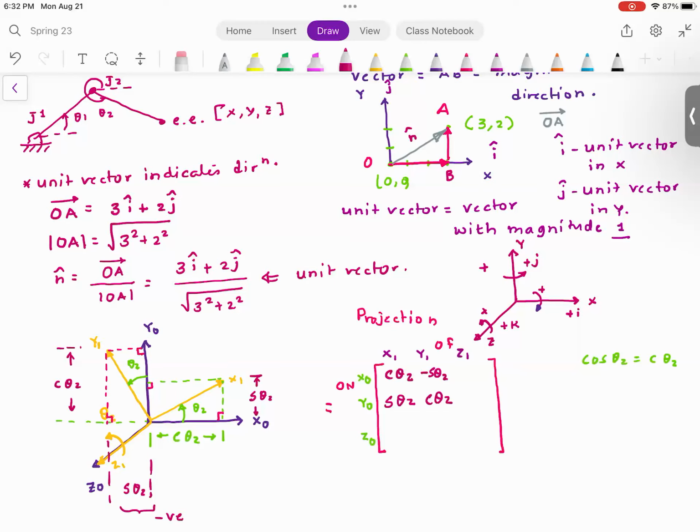Projection of y1 onto z0, 0. Projection of z1 onto x0, 0. Projection of z1 onto y0 is 0. Projection of z1 onto z0, 1. That's your rotation matrix.